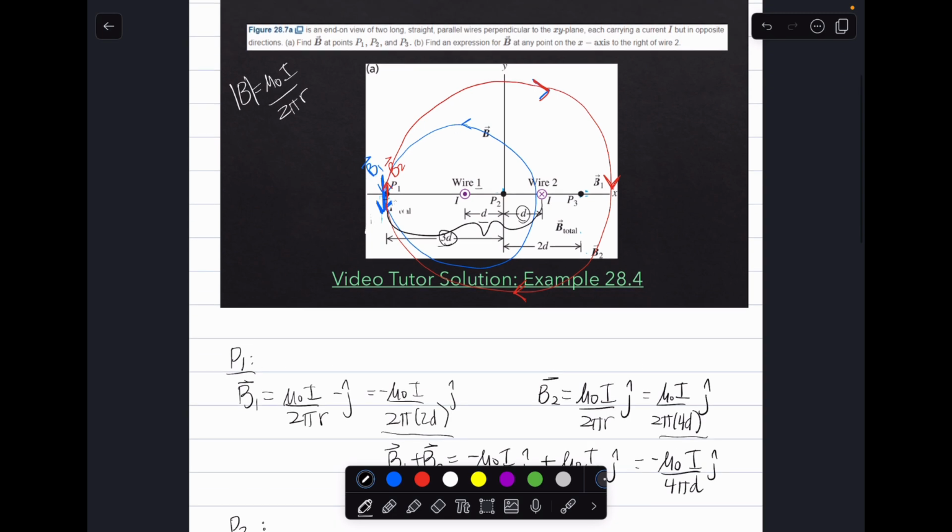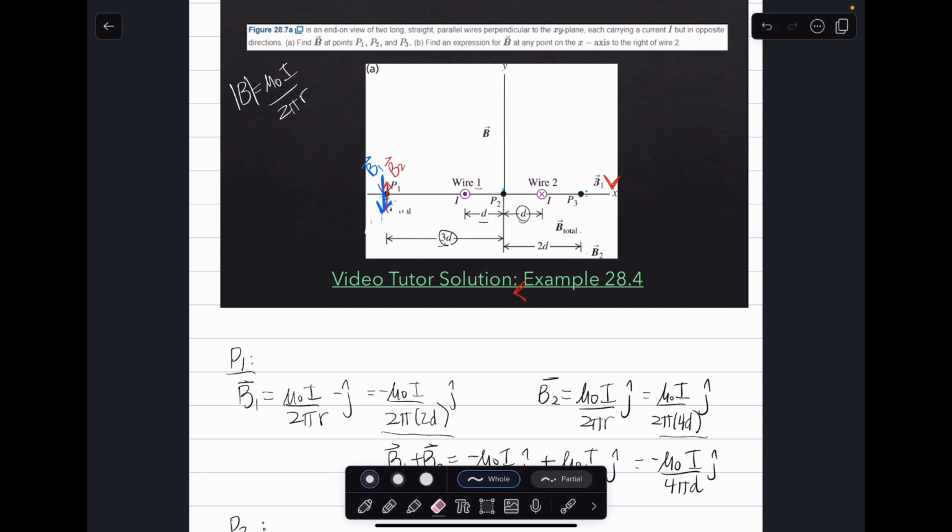So I'm going to go back up here and get rid of these circles. Oh, there's our answer. Let me be a little more careful with my erasing. And let's go ahead and draw our circles to get an idea of what direction the magnetic field will be for each wire. So I'll do blue for wire 1.